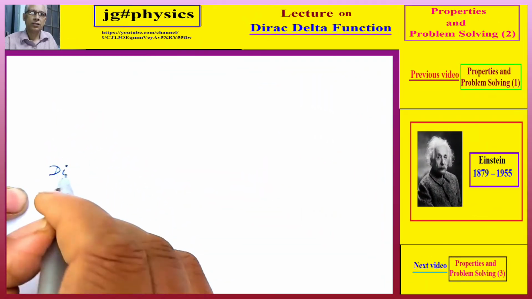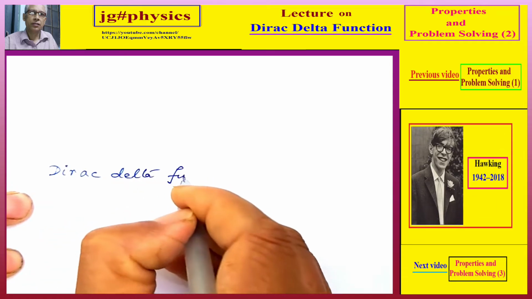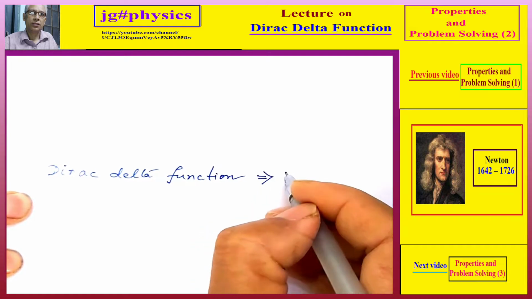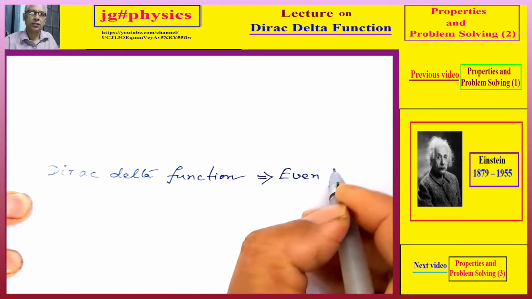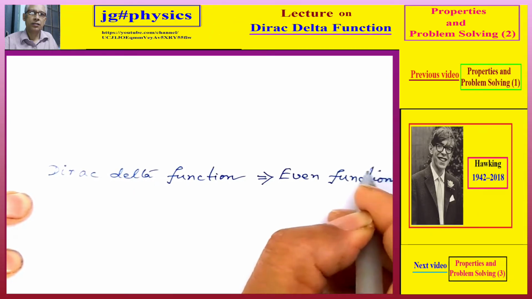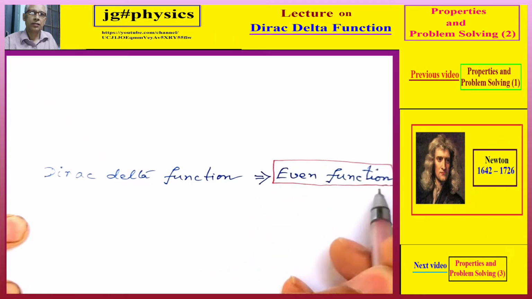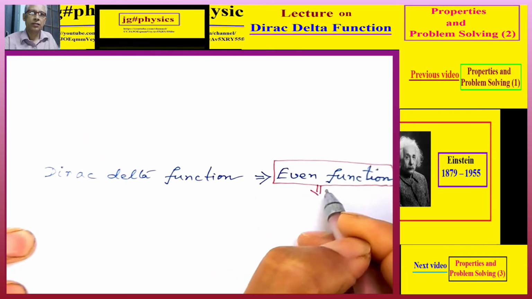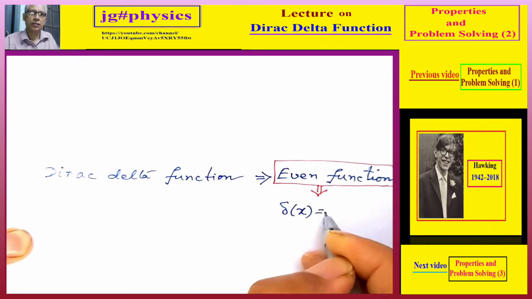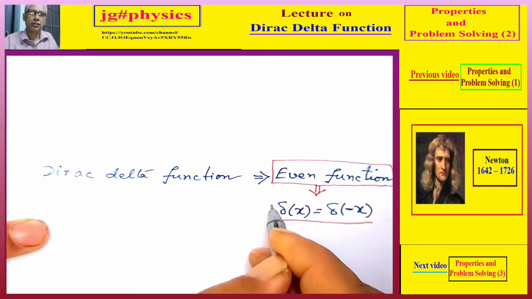In an earlier video, we discussed some properties of the Dirac delta function. We underscored the fact that the Dirac delta function is an even function, implying that it is not bothered about the sign of its argument, and that if we push a negative sign into its argument, that is, change x to minus x, it holds on to its value.